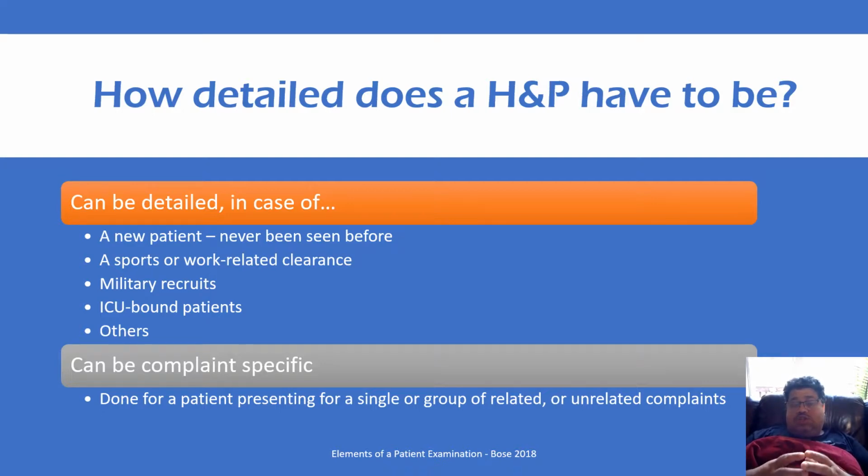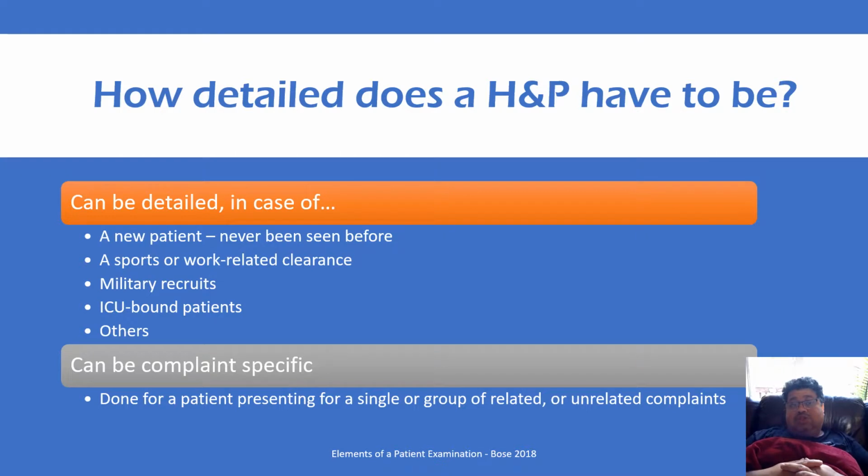However, such a detailed history and physical is not routinely needed, especially for many physical therapy patients. Patients who present in physical therapy clinics, for example, come with specific complaints, a back pain, a shoulder pain, things like that.